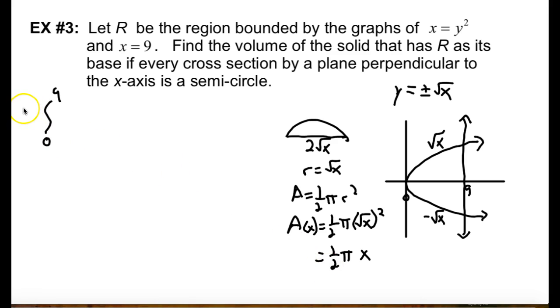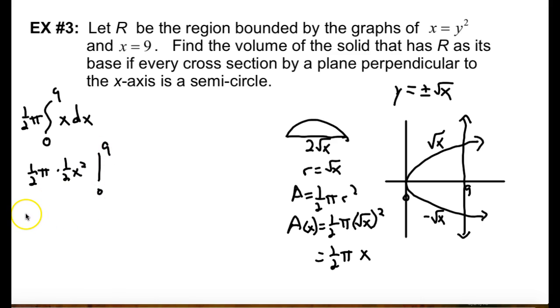So my area is 1/2 pi, and I can pull that 1/2 pi out front because that's a constant, a coefficient. So I'm just taking the integral then of x dx. So the antiderivative of x is 1/2 x squared, so I'll have 1/2 pi times 1/2 x squared, and I want to evaluate this from 0 to 9.